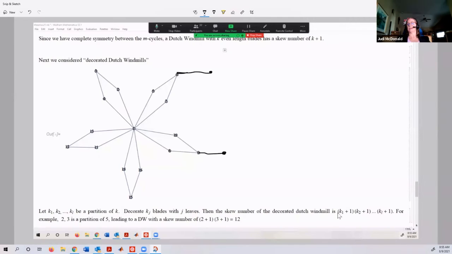Then the skew number is going to turn out to be K1 plus 1 times K2 plus 1 times, up to KL plus 1, all multiplied together. Here I've got a 2, 3 partition, and I should technically be putting 1 more edge on each of the blades to be the way I described it. So maybe we should say K blades each with J minus 1 leaves. Then I get a decorated Dutch windmill with skew number 12. So let me get out of my screenshot here.